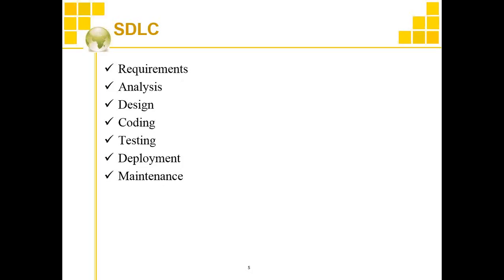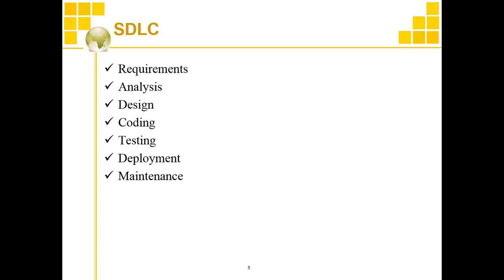The first step is the requirement. When a project comes, first is the requirement, then second is the analysis part, where a developer needs to analyze how to prepare the flows and all that. After that, there is the designing part, coding, and testing. From this point testers will work.